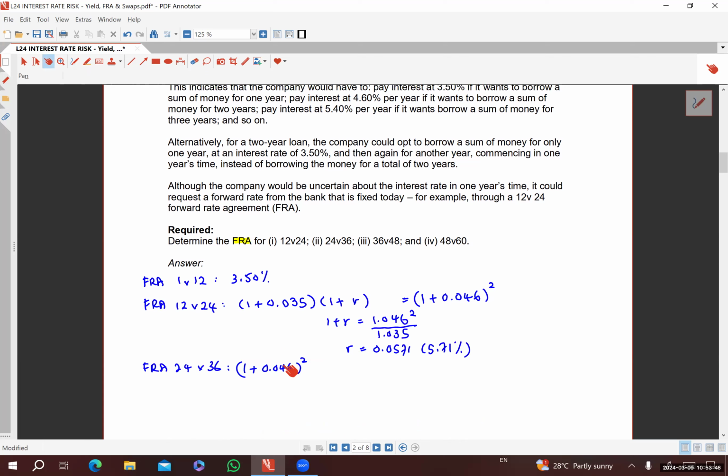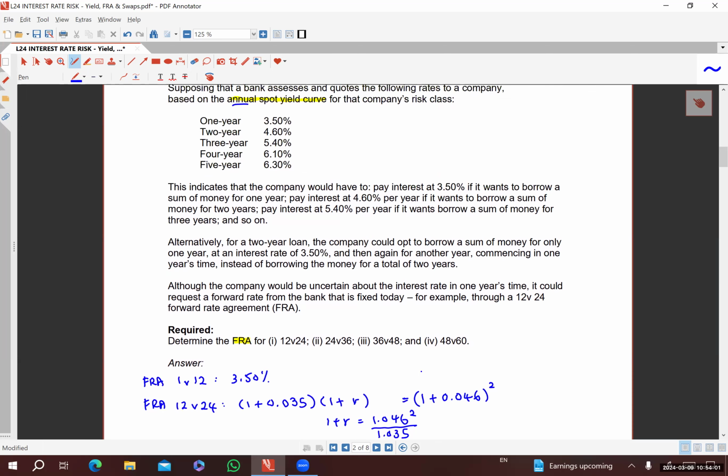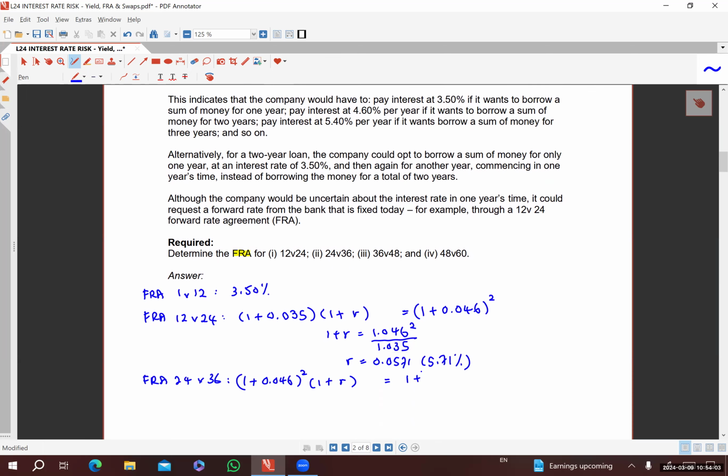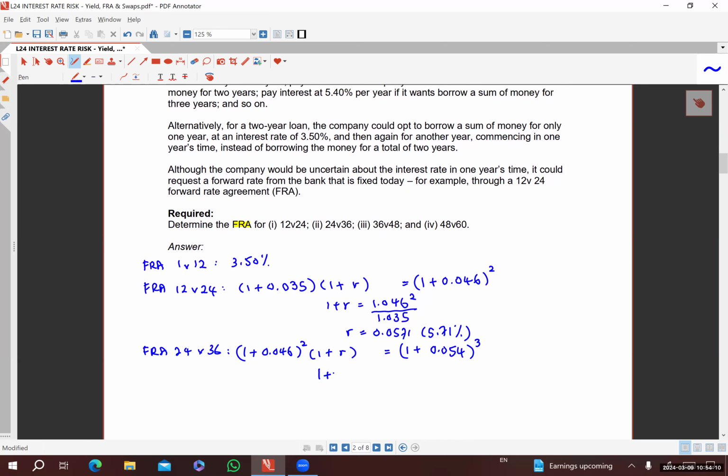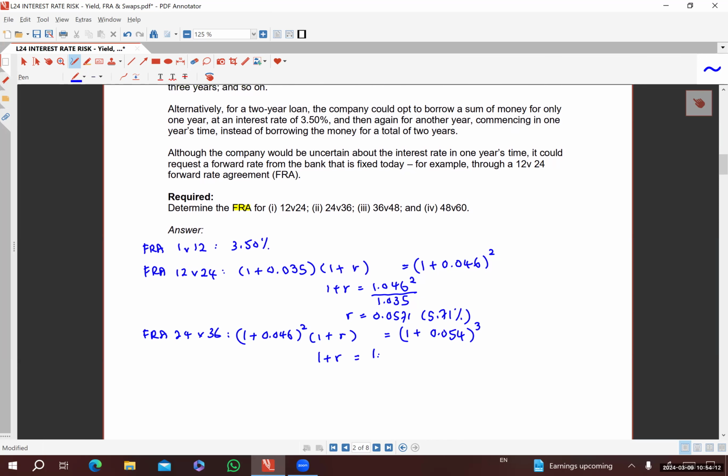Then I reinvest this money in the third year, month 24 to 36, at the interest rate R. That should be the same as if I invest $1 now in a 3-year bond directly at the yield of 5.4% per annum, so to the power of 3. I can now find R again.